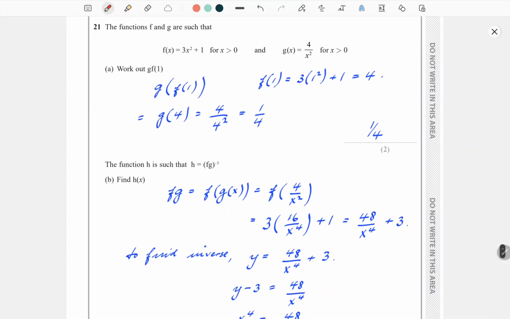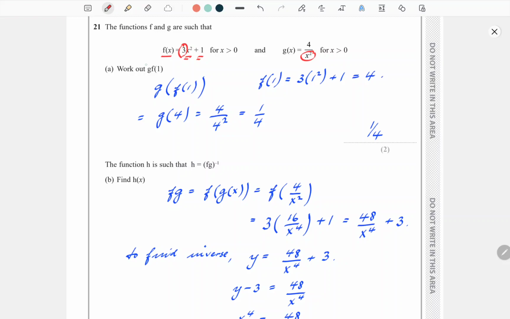This next question actually starts off all right. The next bit is a little more tricky. Okay, when it says you've got these functions, so f of x means whatever you put into f of x, you square it, then times by 3, and then add 1. Okay, that's the order. Putting anything into g of x, you square it, and then whatever you've got, 4 divided by that.